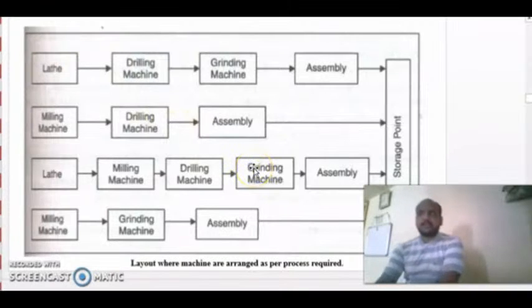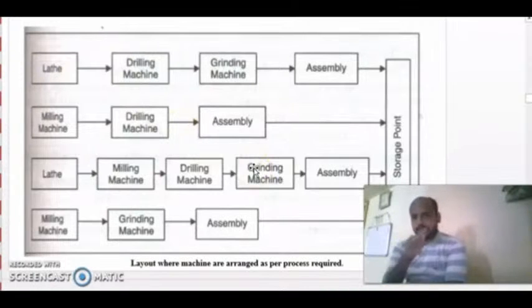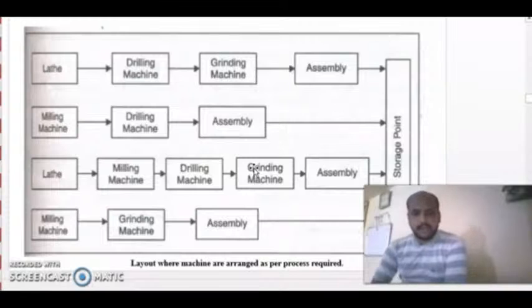Your objective is to save the time of manufacturing, so machines are organized in order to follow the sequence of manufacturing. You can observe from this diagram. So this is the advantage.